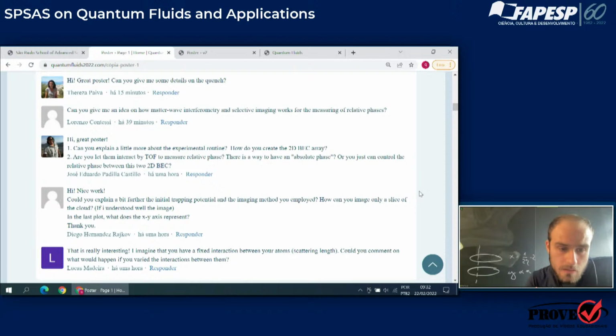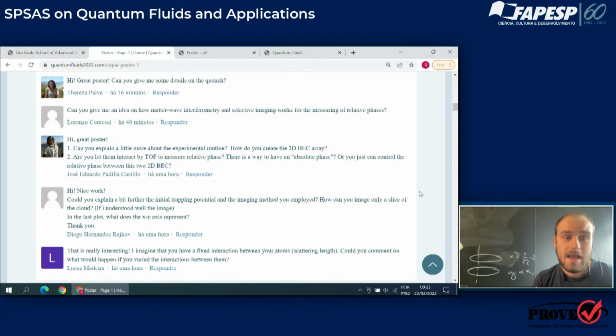And then finally, Lucas asked about the interaction. We do have a fixed interaction strength between the atoms. Experimentally, it is extremely difficult to vary the interactions between the atoms because we can't really use Feshbach resonance in our trap. That is because it is an all-magnetic trapping, and therefore we can't really tune the value of the magnetic field independent from the trap, like in optical dipole traps or lattices.